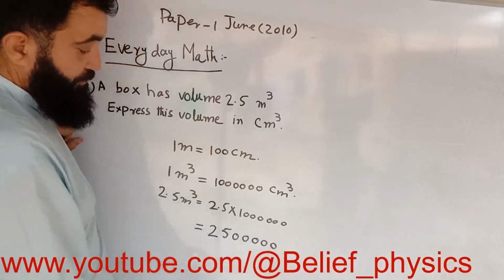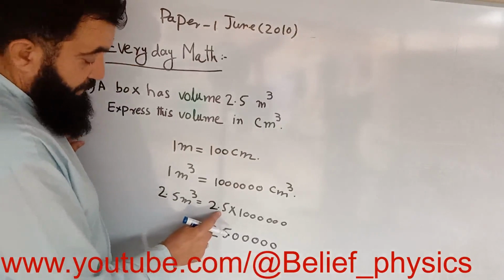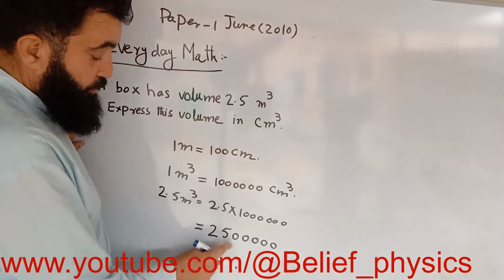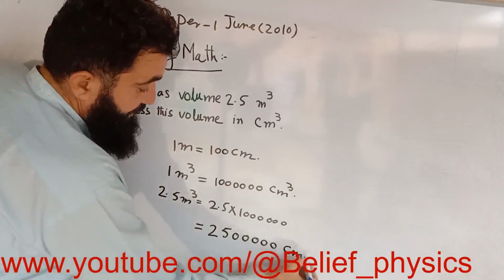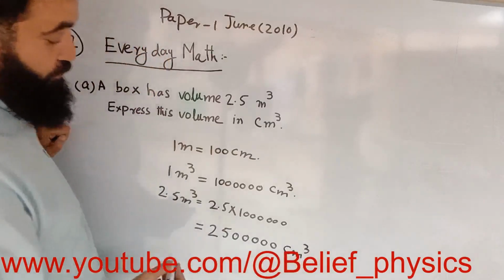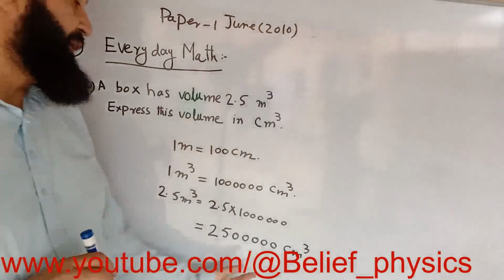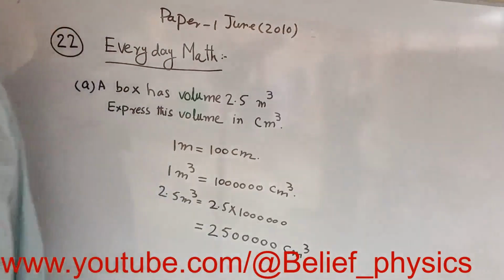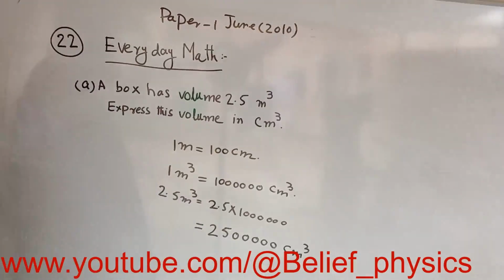We will have 5 zeros because 1 zero is cancelled with the decimal point, so we will have 5 zeros here, and this will be in centimeter cube. So the answer will be 2,500,000 centimeter cube.